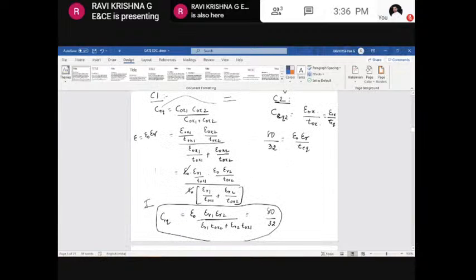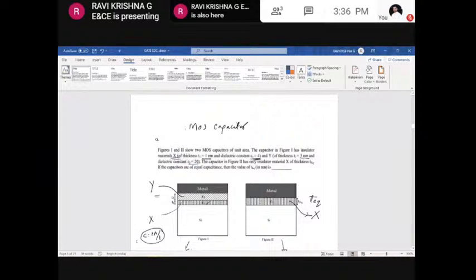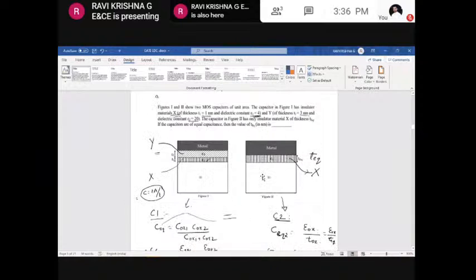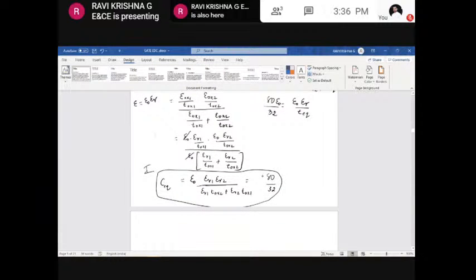So if you substitute epsilon naught and epsilon r, here epsilon naught is not given, but usually the value is 8.854 into 10 to the power minus 4, right? Okay, sorry, this is 80 into epsilon naught divided by 32. So here epsilon naught will cancel out.